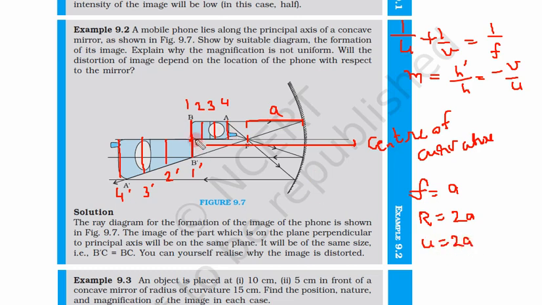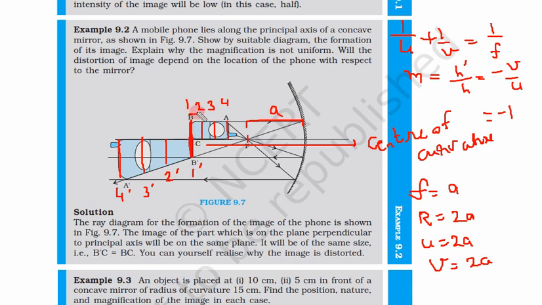From this formula, if we put the values, v is also 2a. So the image will also form on the center of curvature itself, on this plane, and in that case v upon u is equal to minus 1. That means the image will be inverted, but the image will be of the same size.